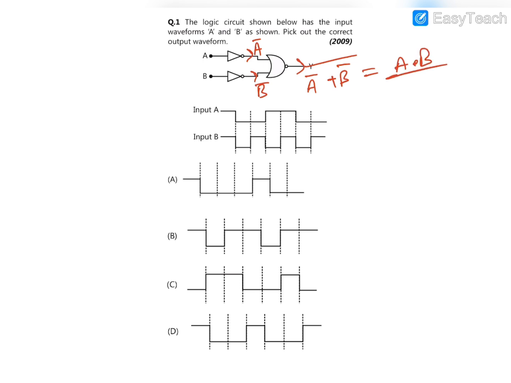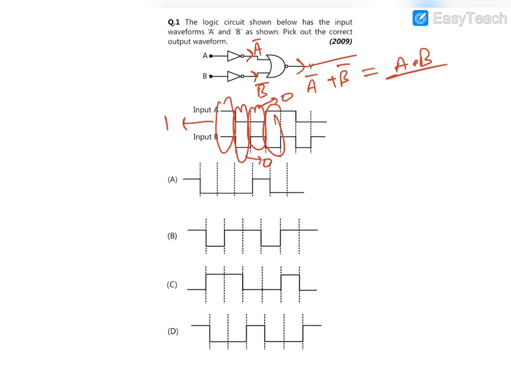So this is AND gate, and in AND gate, when both the inputs are 1, output is 1. So in this case, output will be 1. When both inputs are 0, then output is 0. When any one of them is 0 and any one of them is 1, then output is 0.